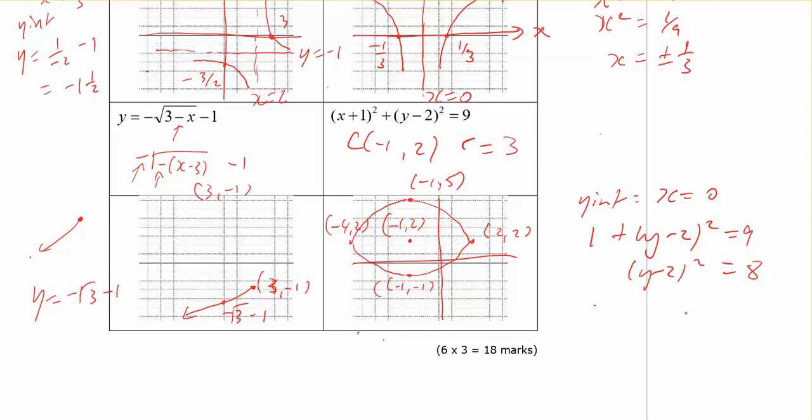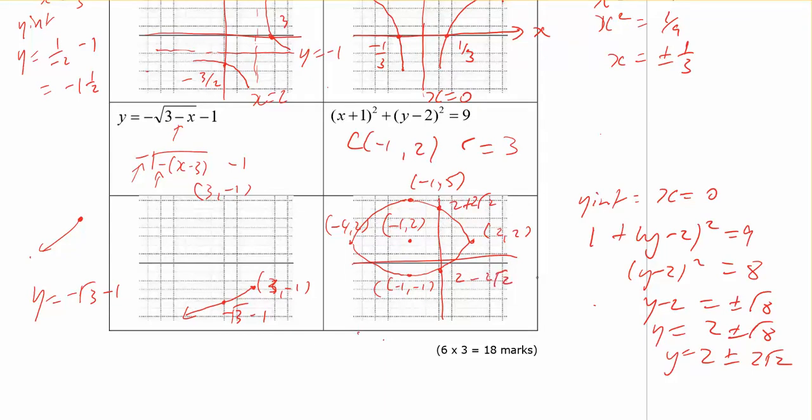Subtract 1 from both sides. 9 minus 1 is 8. Square root both sides. Y equals 2 plus or minus root 8. And you need to simplify root 8. That's 2 root 2. Okay. So 2 plus 2 root 2, 2 minus 2 root 2.